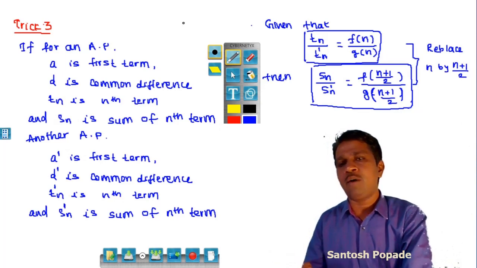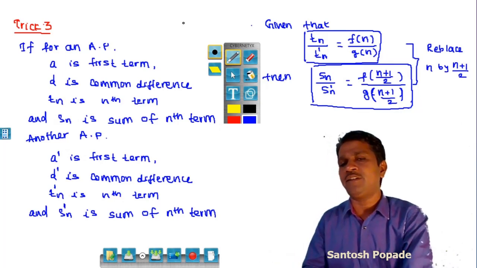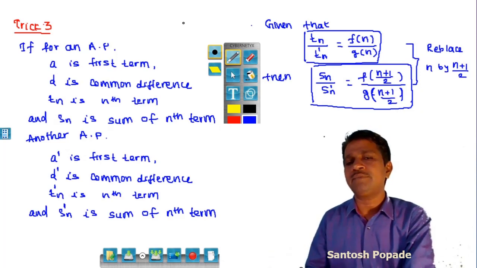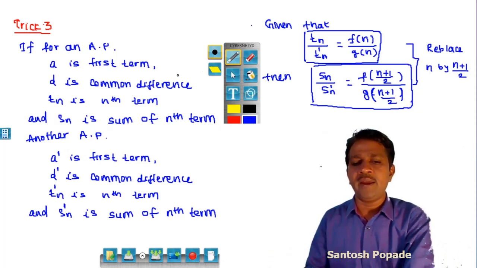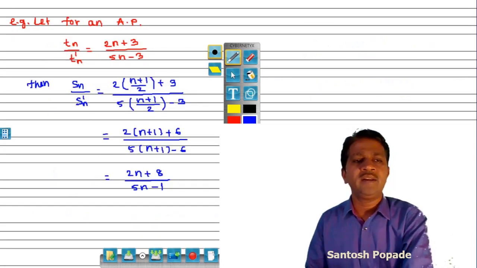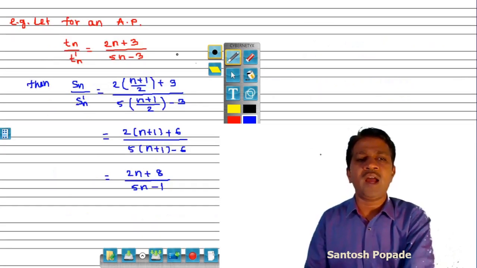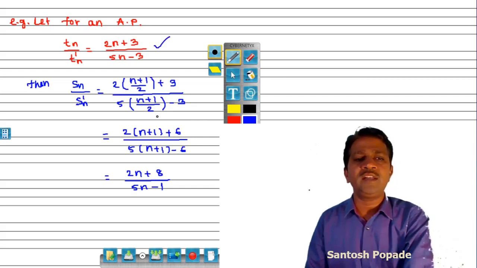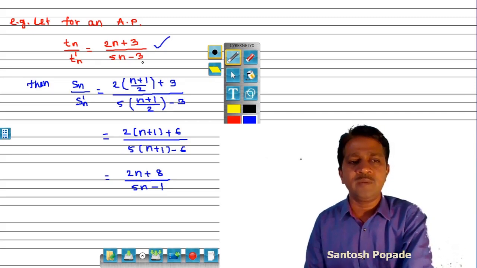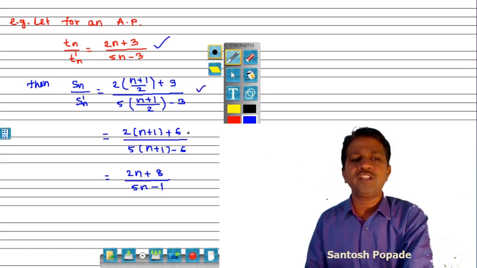And if the ratio of nth terms is given and we need to find the ratio of the sums, in that case we have to replace n by (n plus 1) by 2. We may consider one example of this kind. Let us see one example. We are given the ratio of nth terms as tn upon tn dash, which equals (2n plus 3) upon (5 minus 3), and we want to find the ratio of their sums.